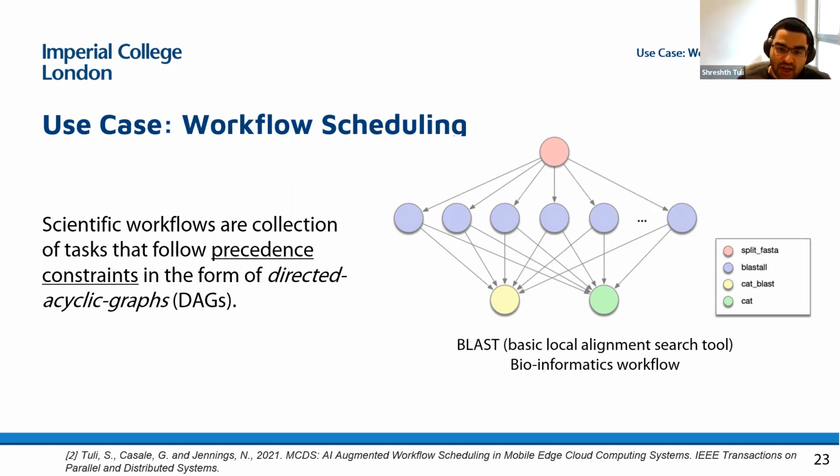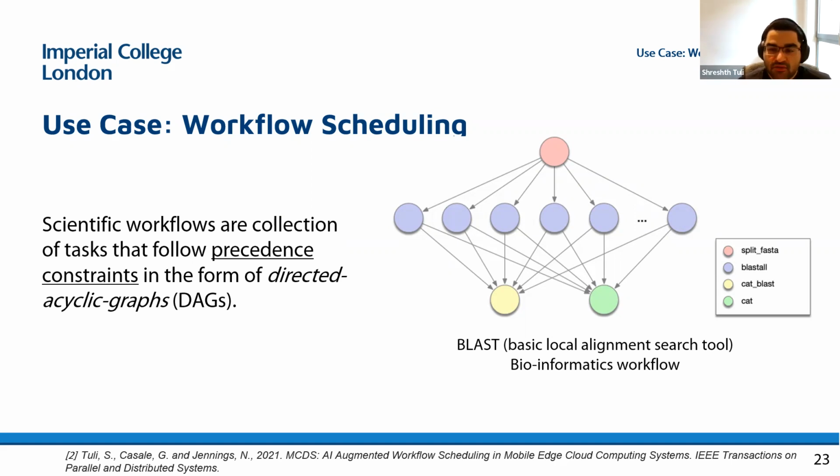So we need to deploy these workflows, which are again collections of tasks with these directed acyclic graph or DAG type precedence constraints. An example is shown on the screen for the BLAST workflow. And there are multiple small tasks that are run in a sequence or in parallel with these precedence constraints as shown by these directed edges.